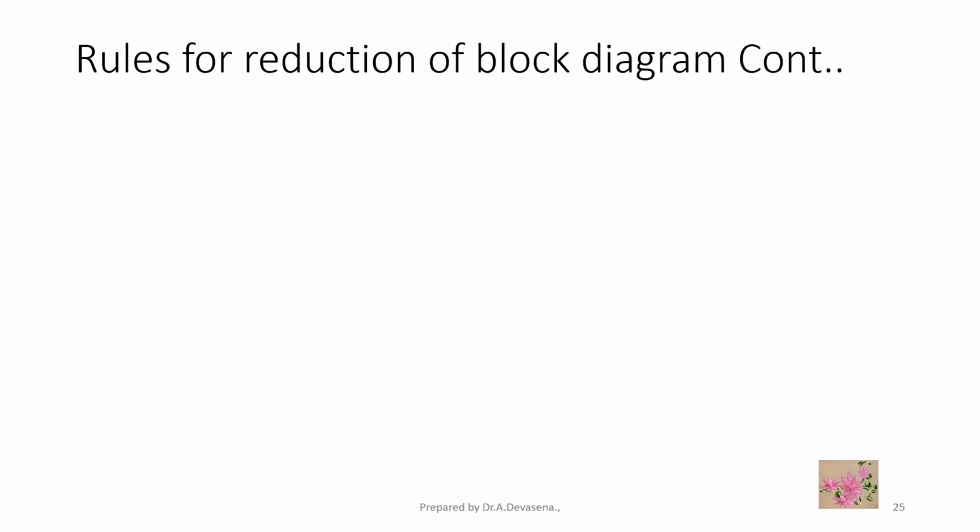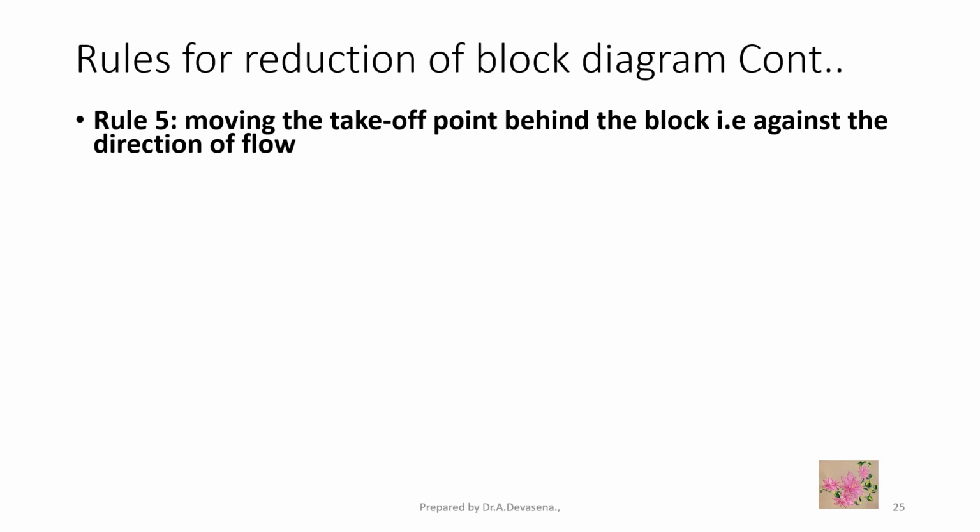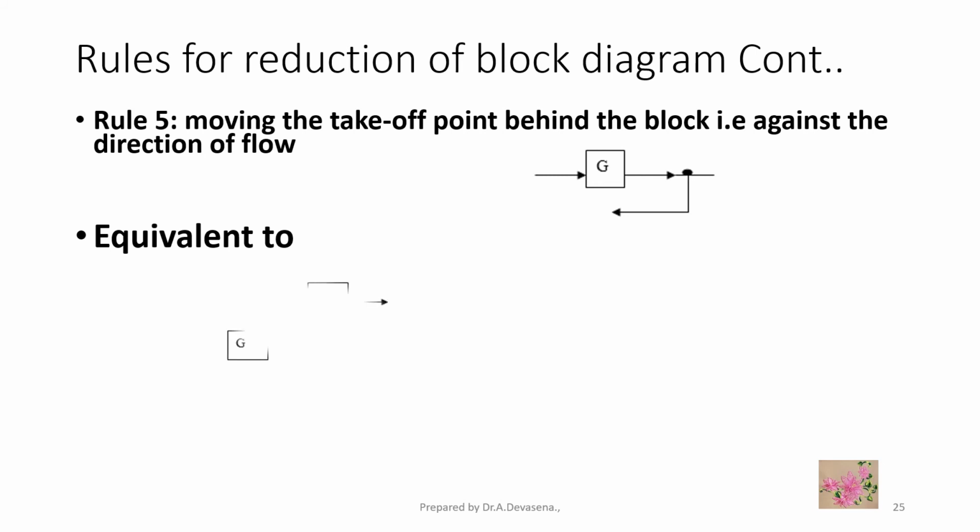Rule number 5. Moving the takeoff point behind the block, that is against the direction of flow. That is moving the takeoff point from the output side to the input side. The equivalent block diagram after shifting the takeoff point from the output side to the input side, we get, this is the representation.